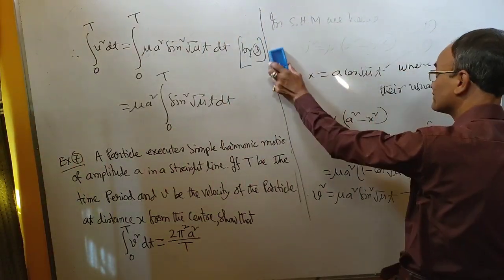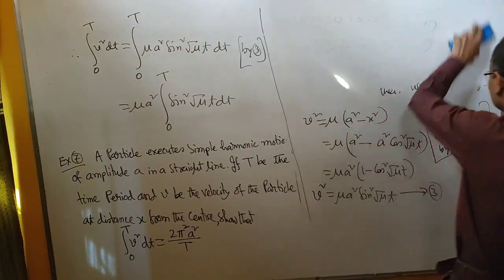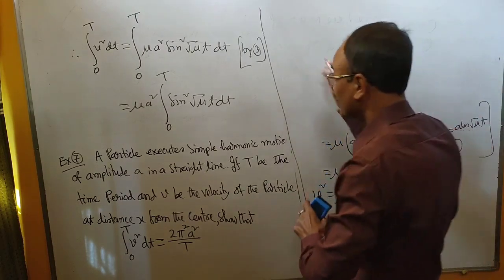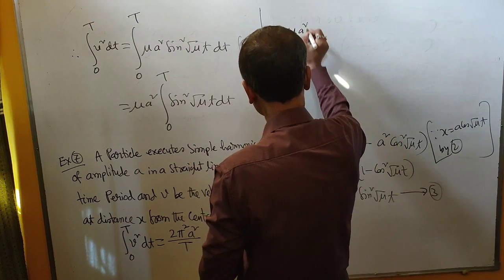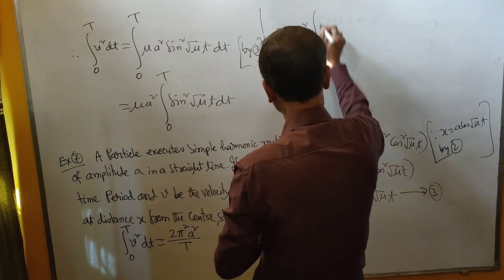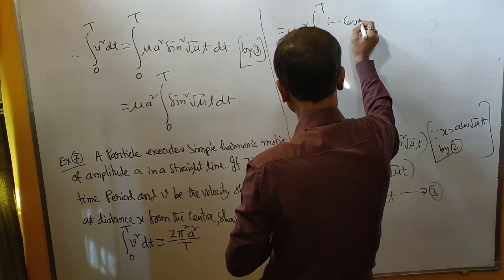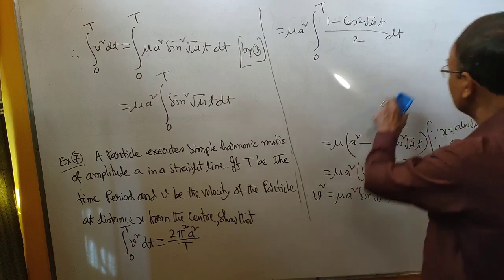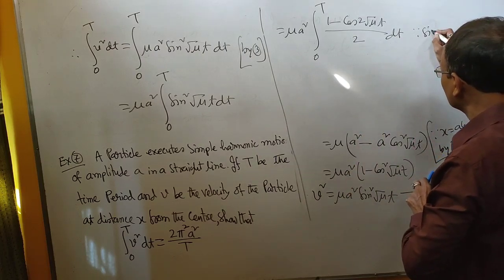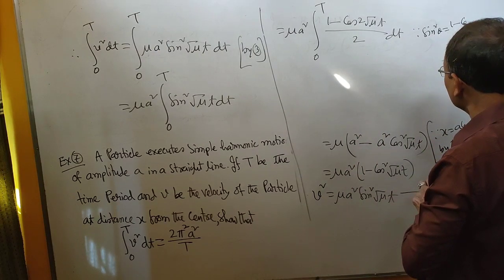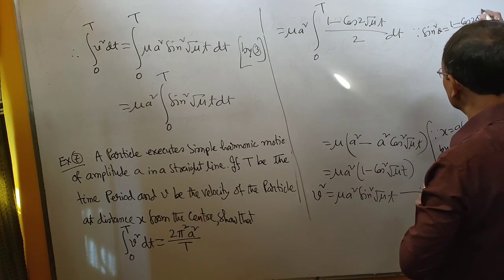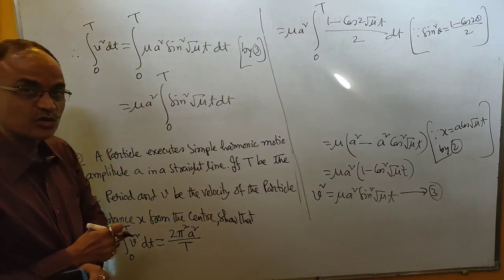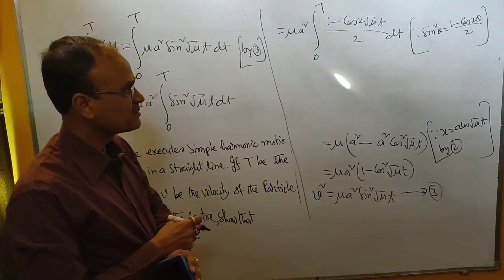Now this is equal to mu a square integral 0 to T of 1 minus cos twice root mu t divided by 2 dt, since sin square theta equals 1 minus cos 2 theta divided by 2, which is a class 11 formula.